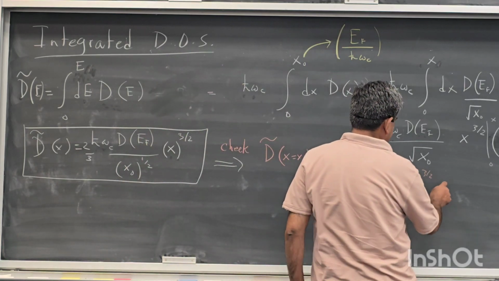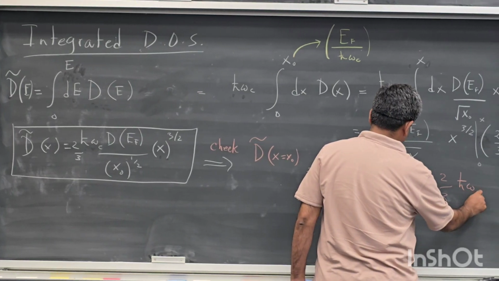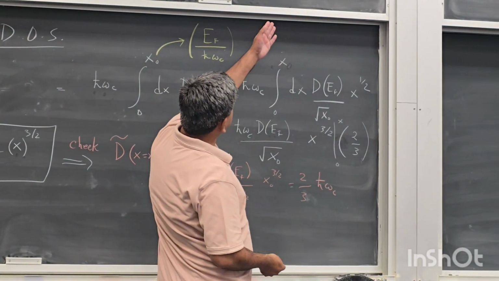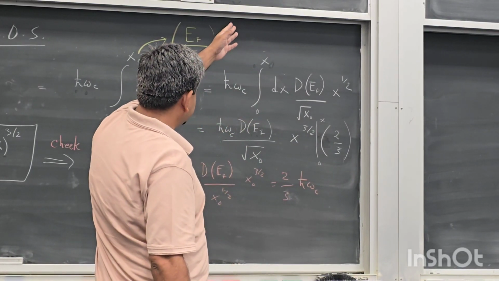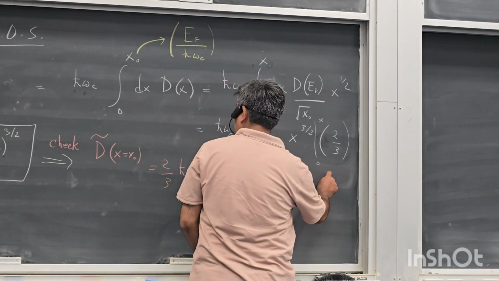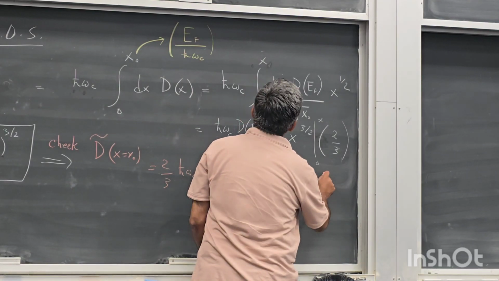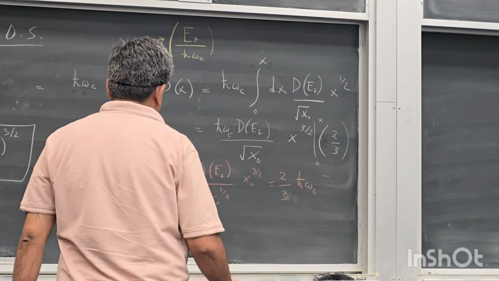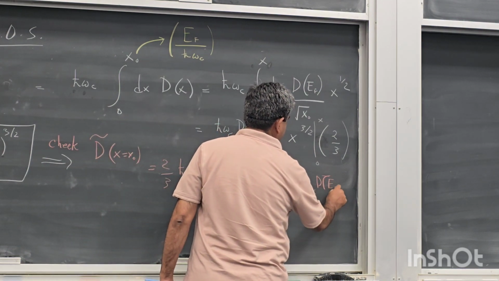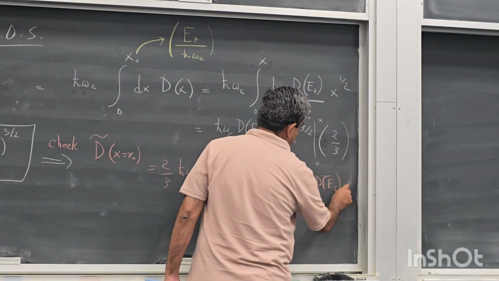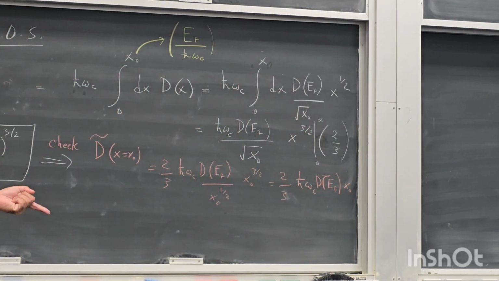So this becomes 2 over 3 h bar omega c, d EF, and x naught times h bar omega c is EF.